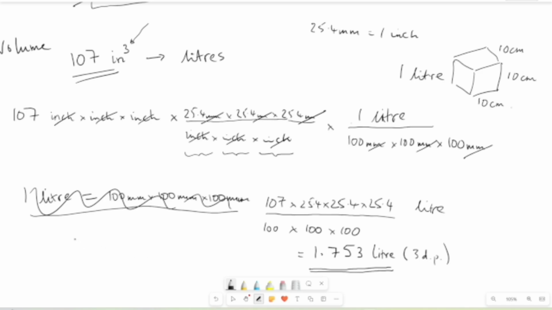You write it as A equals B, whatever it is, newtons to pounds force or whatever, and therefore 1 equals B divided by A, and it also equals A divided by B. Whichever way up you need this, you use it to make the cancellations work. So have a practice at that with some fairly straightforward conversions to start with, and then you can try it on more complex ones as you go.